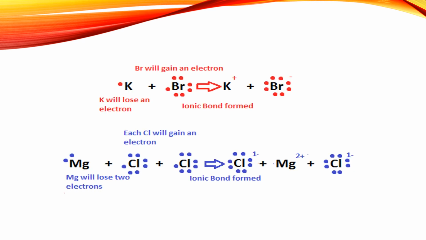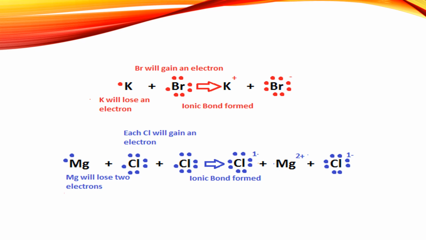Now I give you more examples. Br will gain an electron here, KBr, right? The reaction between K and Br. K has one valence electron, K will lose an electron to Br, right?